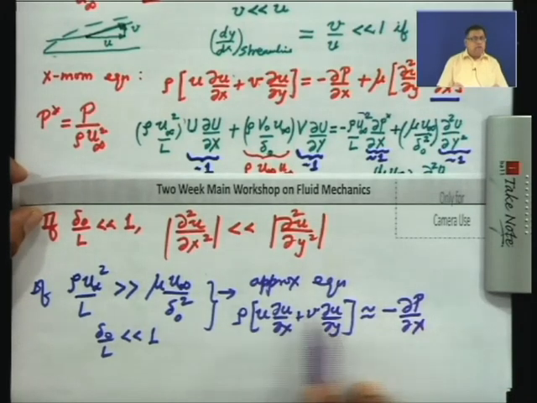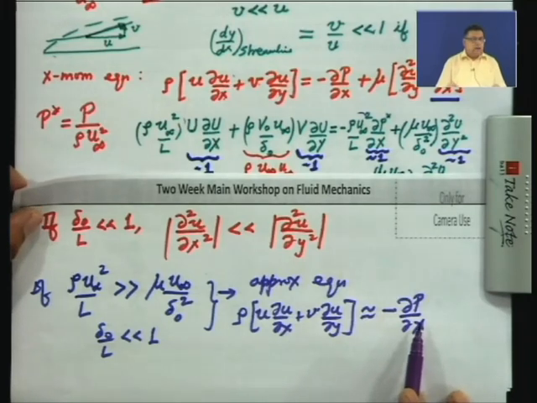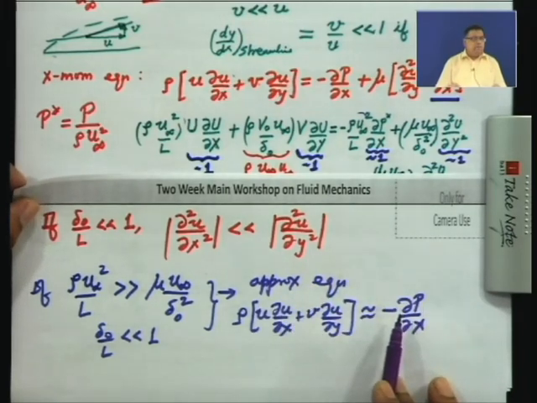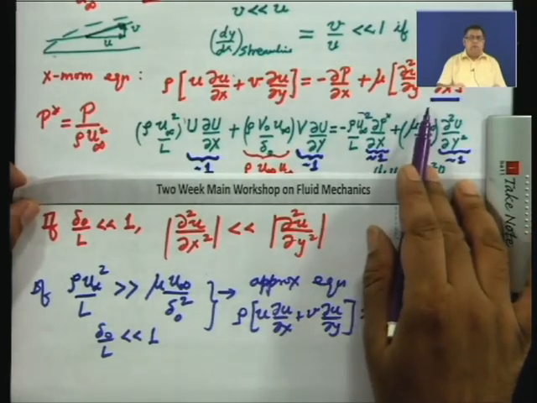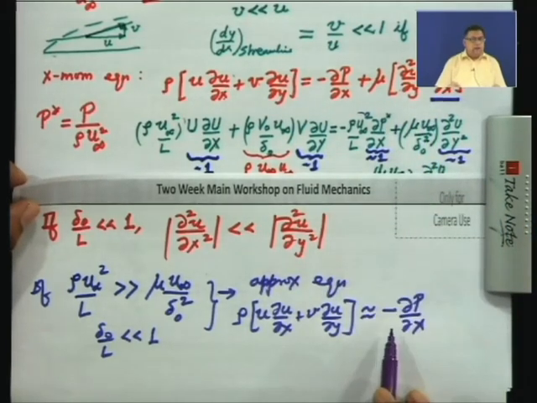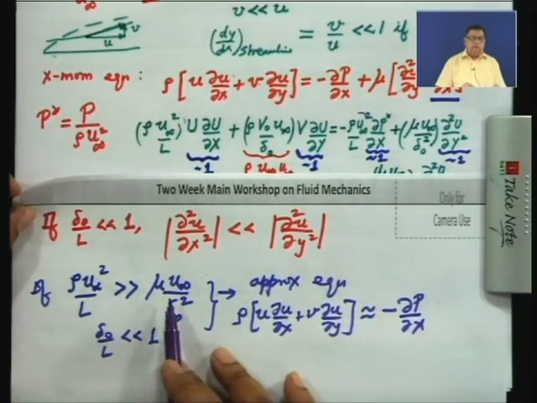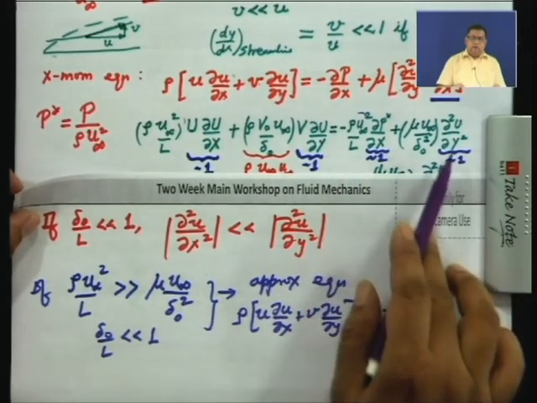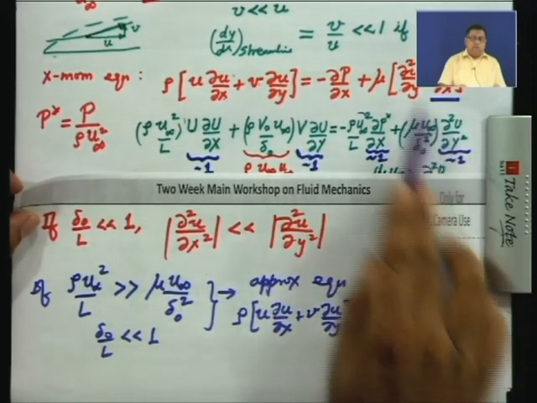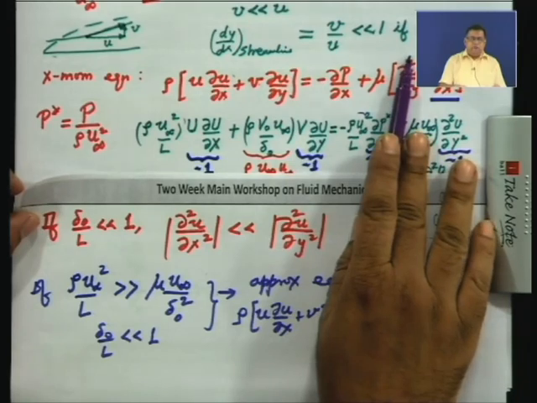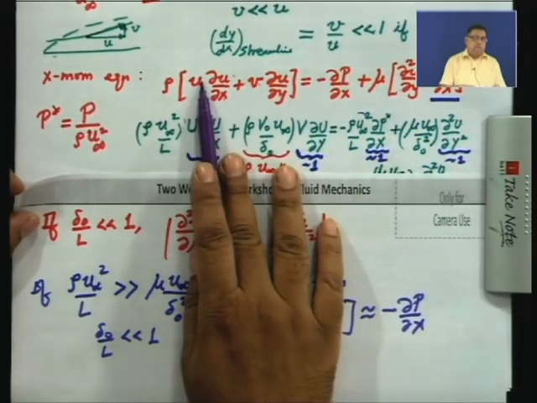Now, this approximate equation reminds you of Euler's equation for inviscid flows. It does not have the viscous terms, none of the viscous terms are there. If you solve this, you will find that the drag will be 0. So, that means this assumption cannot be true, that this term is small compared to the other 3 terms.